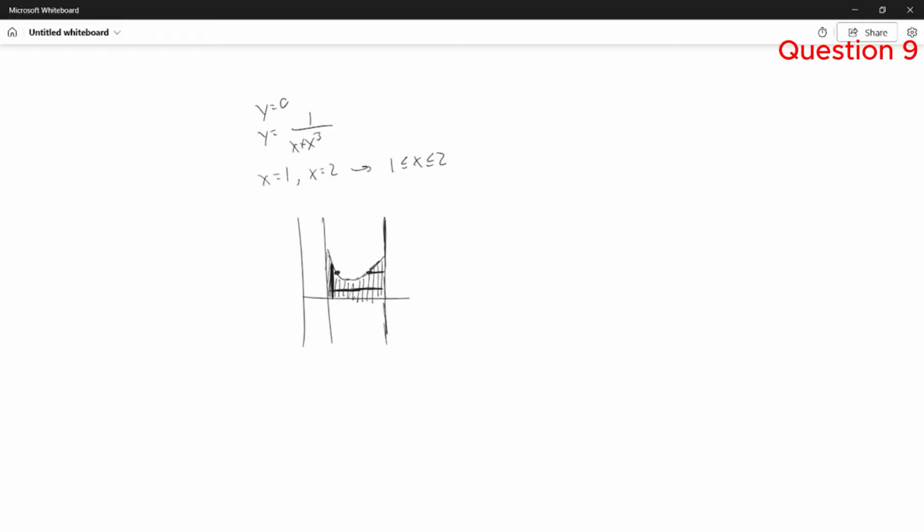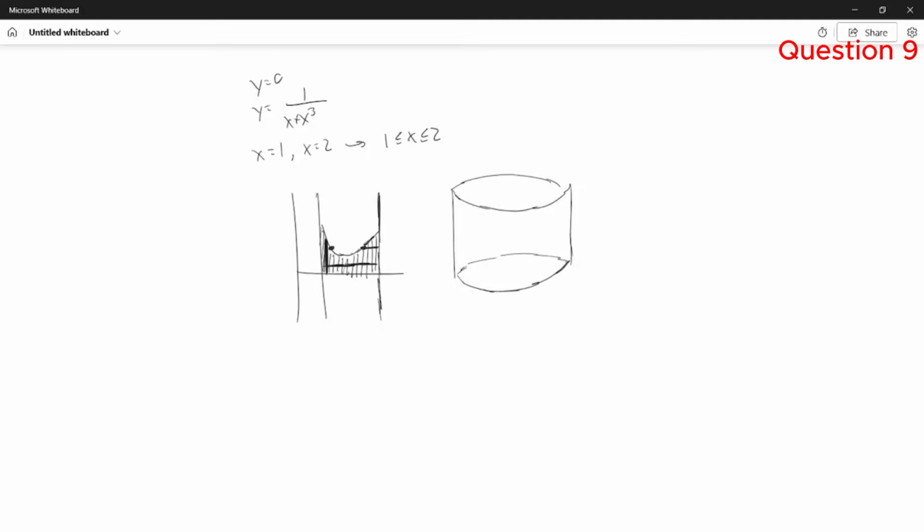The shell method is essentially that you can split your function into a series of circular shells, each with a very, very thin thickness, and the very small volume would look like this. It would be 2 pi multiplied by x, and then multiplied by the height, which in this case would just be f of x.